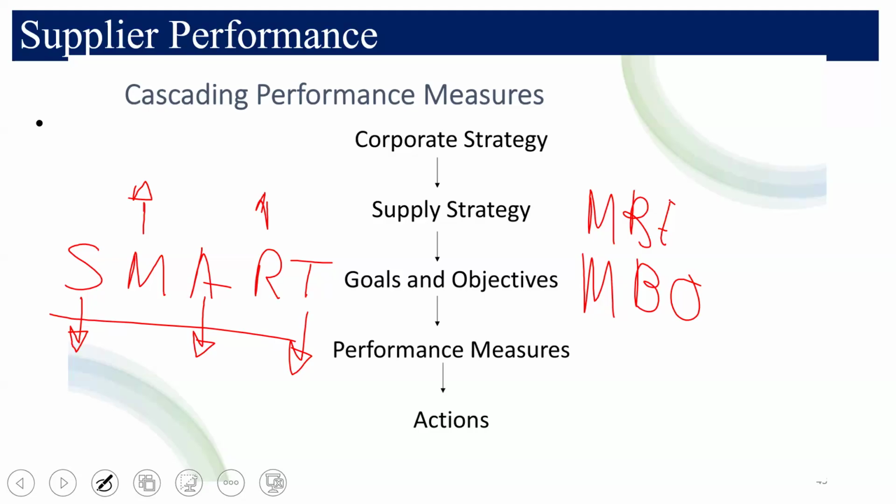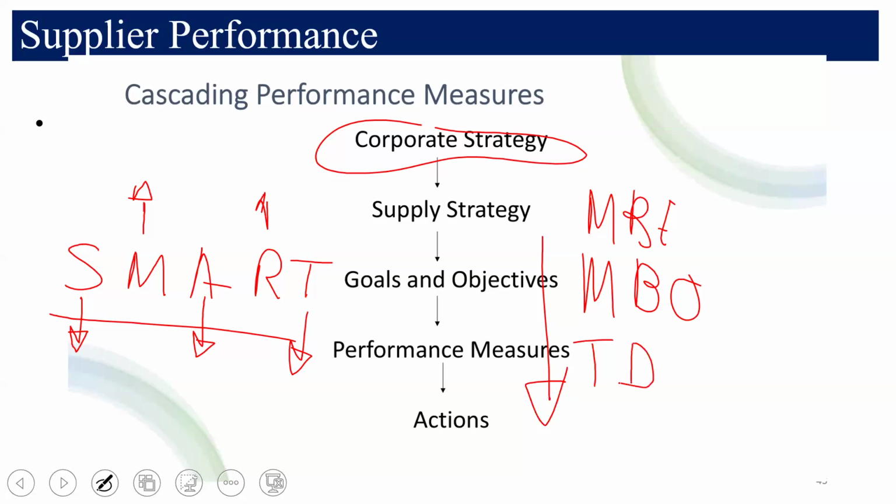So the strategy should come from the top level. Again, this is called the top-down approach. When you follow this process, then there will be another approach we call the bottom-up approach.